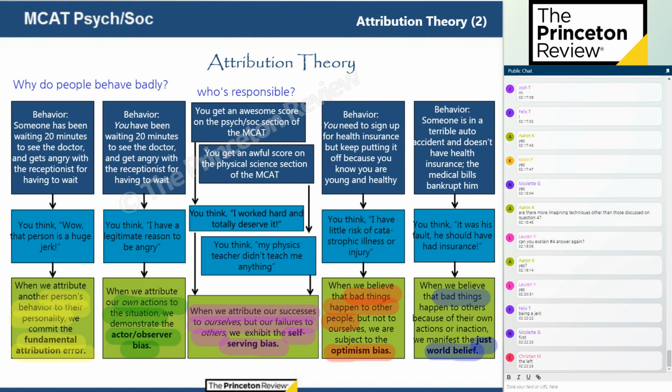Bad things happen to others because of their own actions. And this set of attributions helps us figure out to whom do bad things happen.